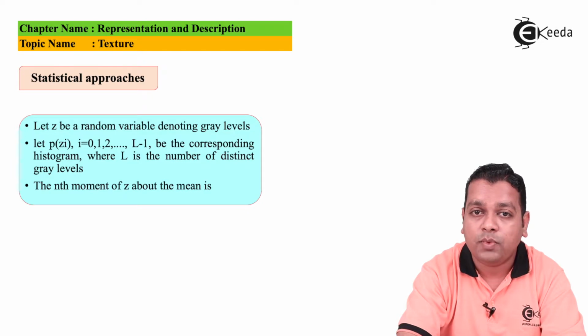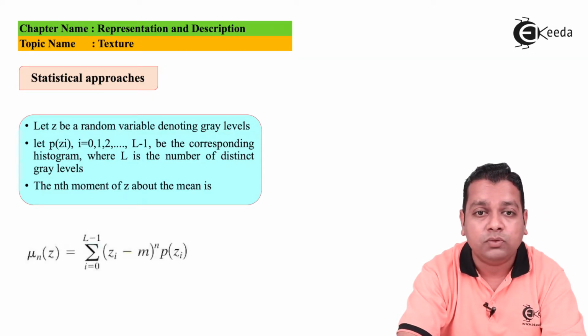The nth moment of z about the mean is given as mu suffix n of z, computed as the summation where i is equal to 0 up to capital L minus 1 of the bracket z suffix i minus small m raised to the power n, multiplied with p of z suffix i.